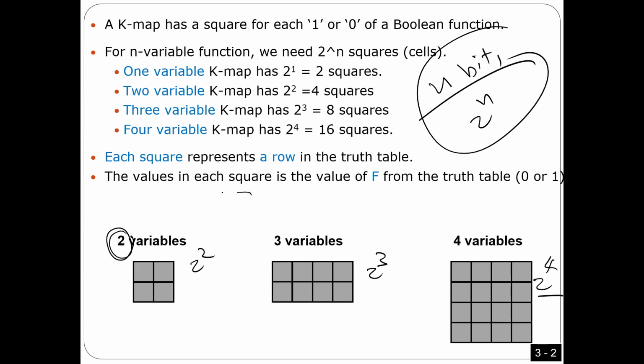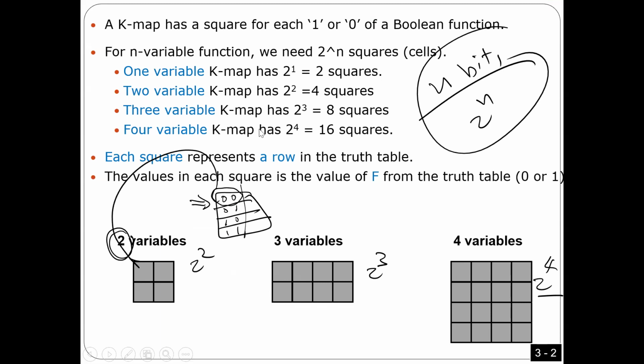For example, with 2 variables, you have 4 combinations: 0 0, 0 1, 1 0, 1 1. Every combination, or every row, is represented by 1 square here. That's why if you have 2 variables, that means I have 4 cases, so I have 4 squares.